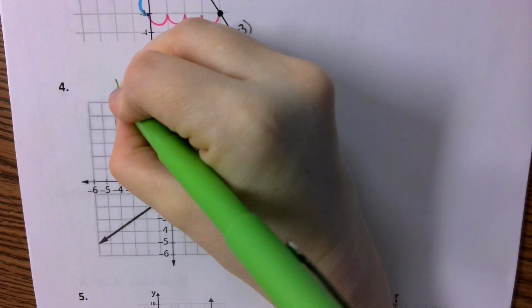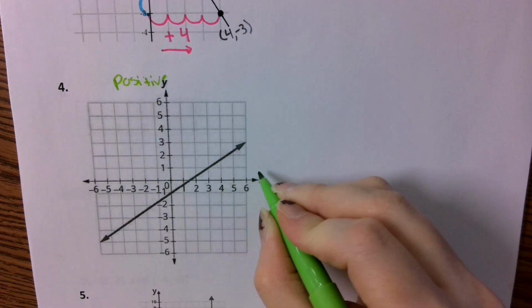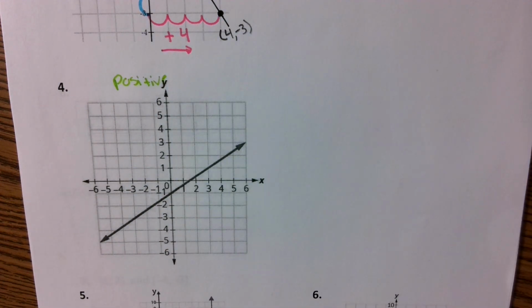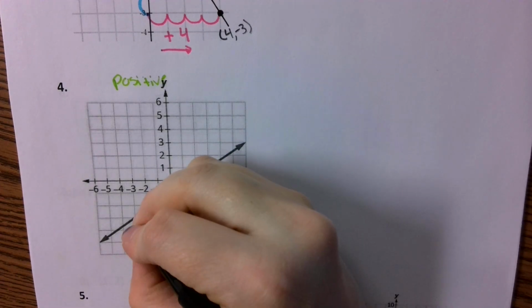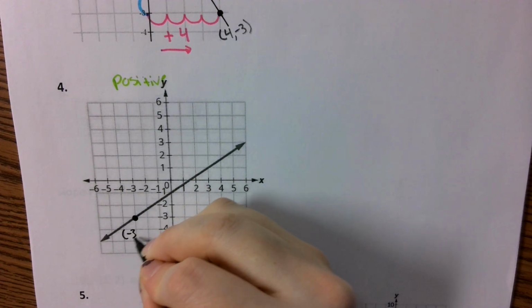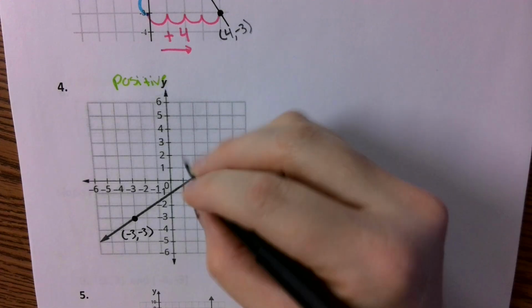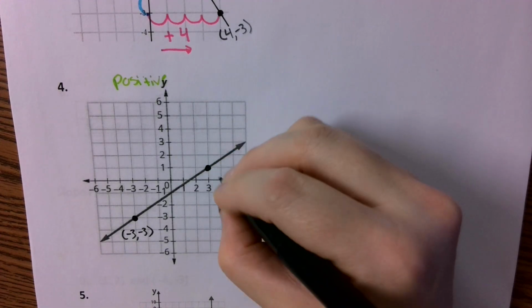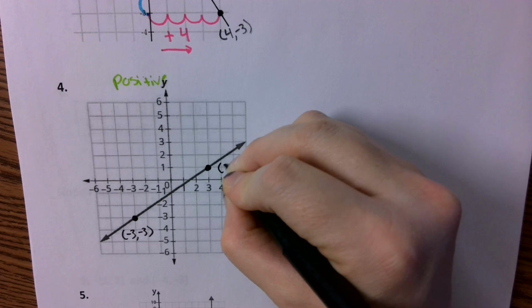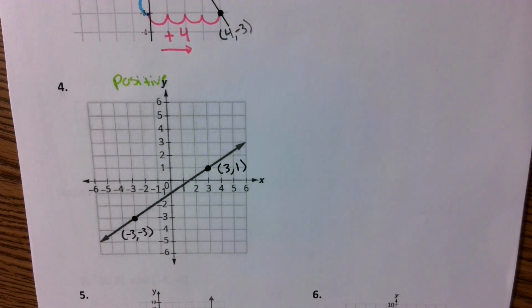We do know that we're dealing with a positive value here because it does have the increase that's happening. Again, you can pick any 2 points within the graph. So I would go ahead and pick a point right here at -3, -3. And then I would pick another point. We can go right here at +3, +1. Okay, those are both valid points to be able to pick.